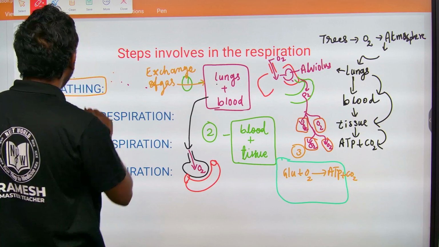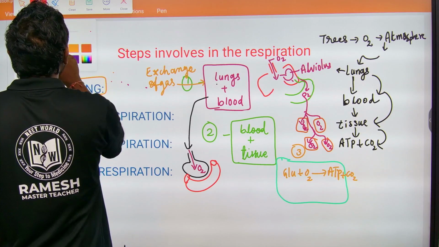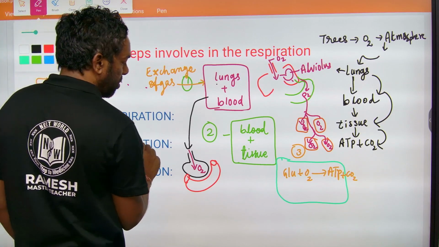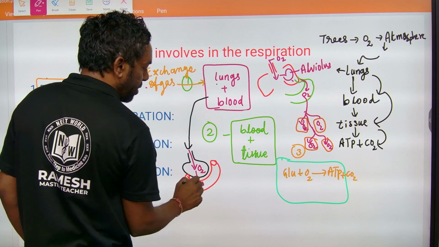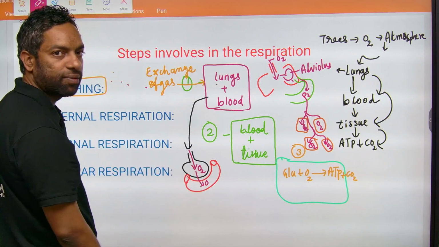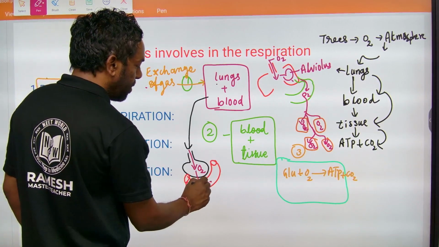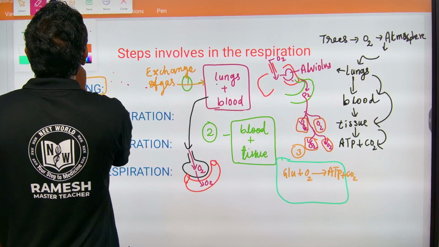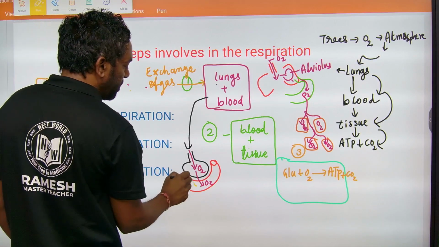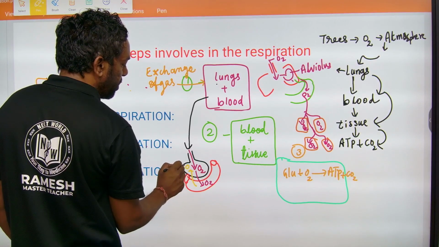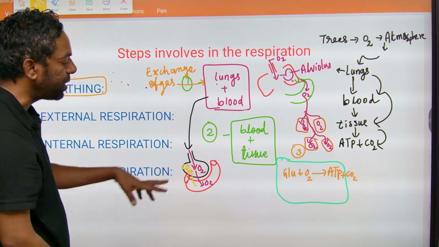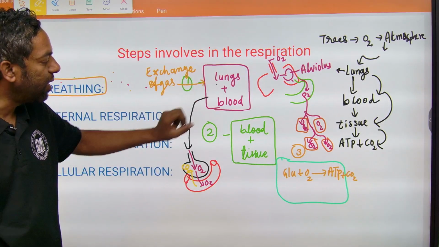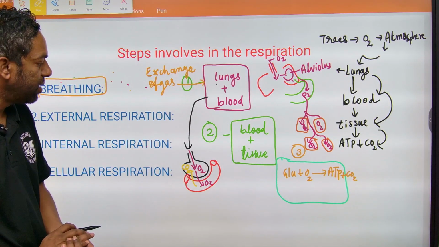The oxygen enters the blood vessel from the lungs, and carbon dioxide exits from the blood vessel to the lungs. This is the exchange between the lungs and blood.